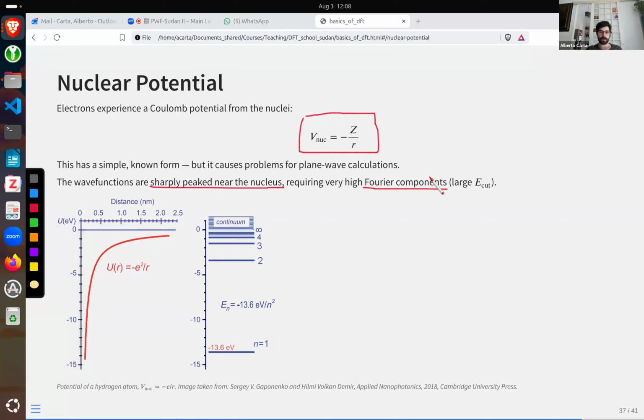It means one needs a lot of Fourier components in order to describe a part which is maybe not very interesting. It's the part close to the nucleus that doesn't participate in chemical bonding, but it's there, and so in principle we need a lot of Fourier coefficients to describe it.